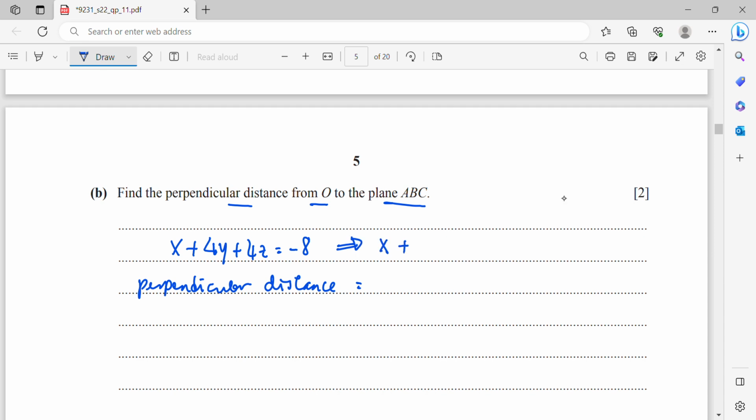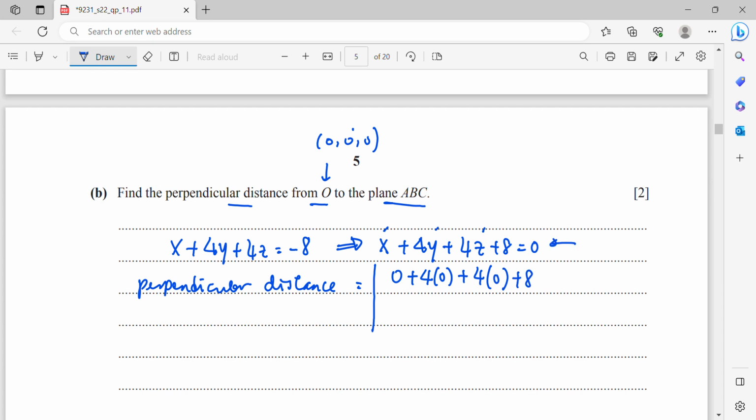So I will get x plus 4y plus 4z plus 8 equals 0. Okay, now we have a formula for perpendicular distance. The O is actually the origin, so 0, 0, 0. Means that now you are going to replace the x, y, z by 0. So it will be 0 plus 4 bracket 0 plus 4 bracket 0, then plus 8.